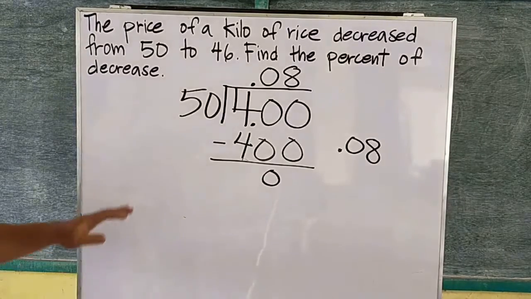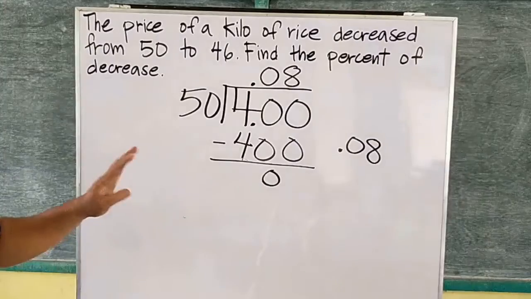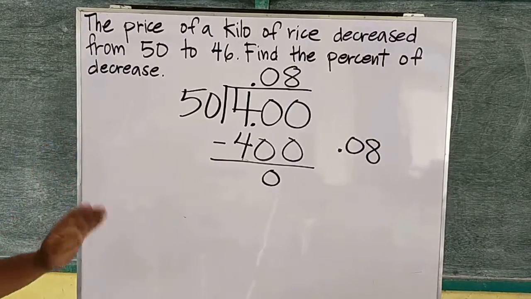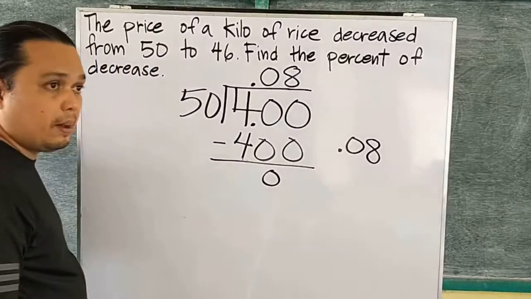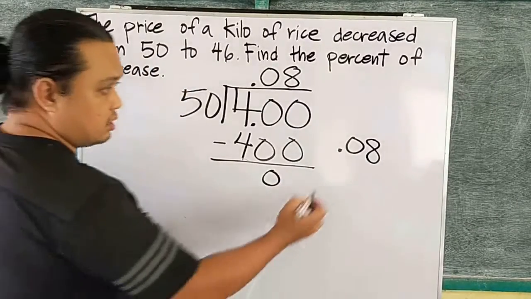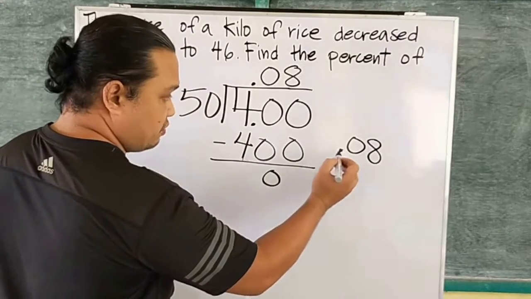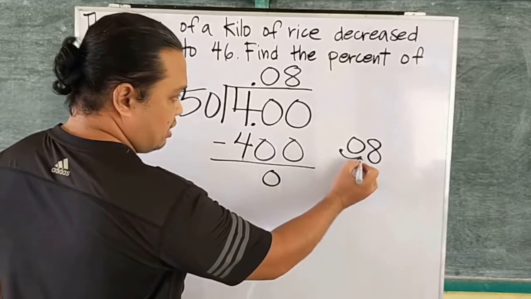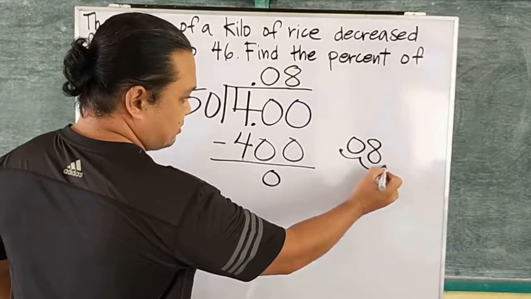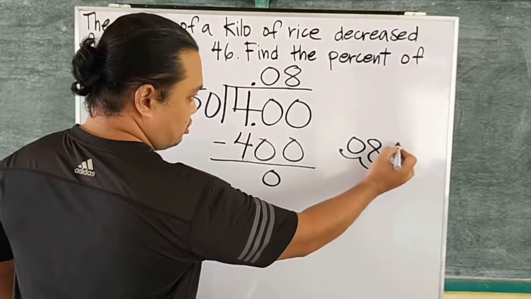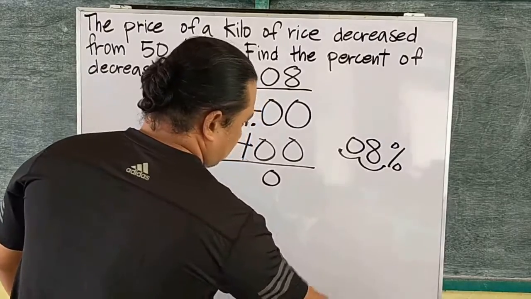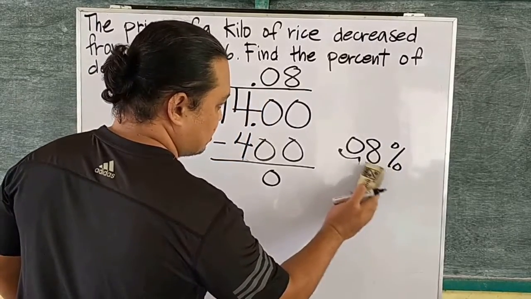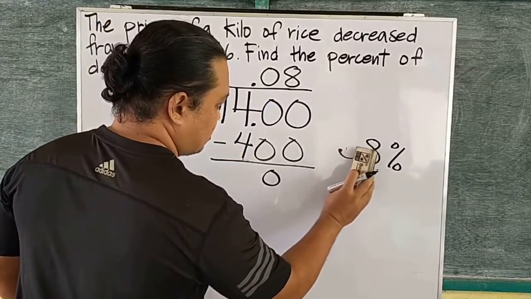But we are looking for the percent of decrease. So what we need to do is just change the decimal number into a percent. So just move the decimal point 2 steps to the right and drop the decimal point. Change that into percent. So we have 8%.